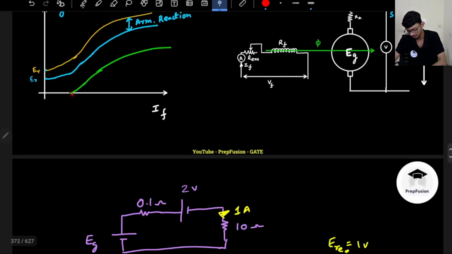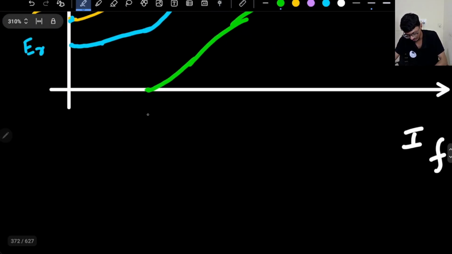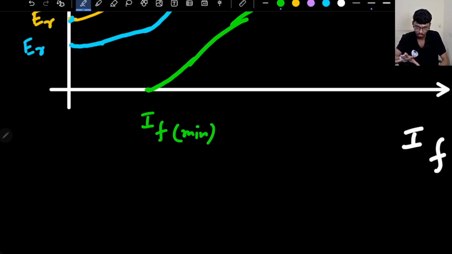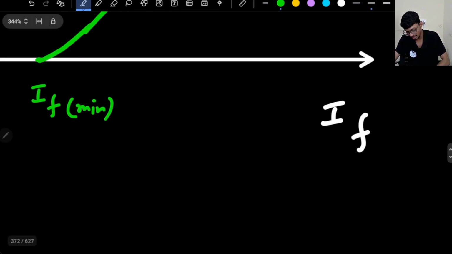So from this starting point, this is known as the IF minimum, that is, the minimum field current required to overcome the brush drop and the armature reaction.